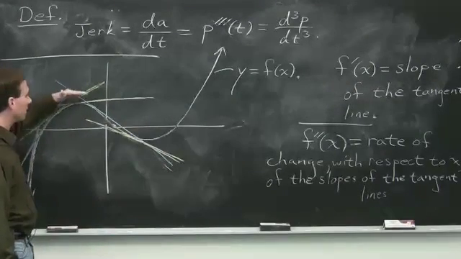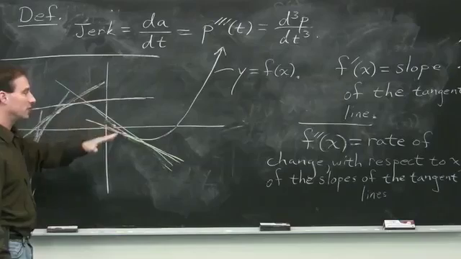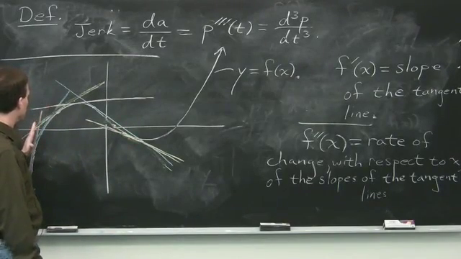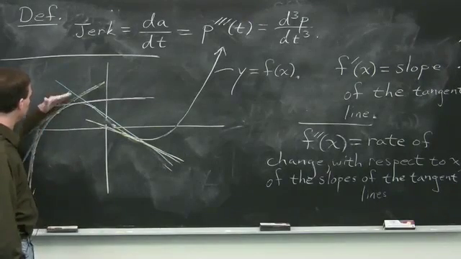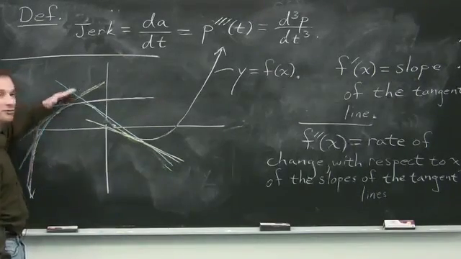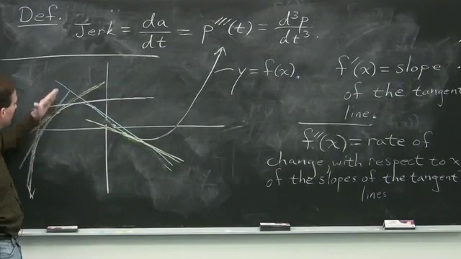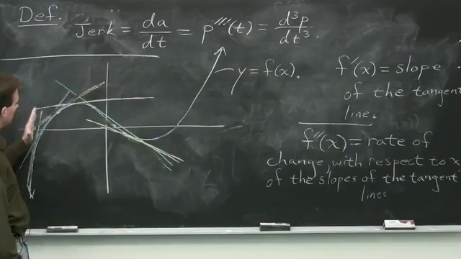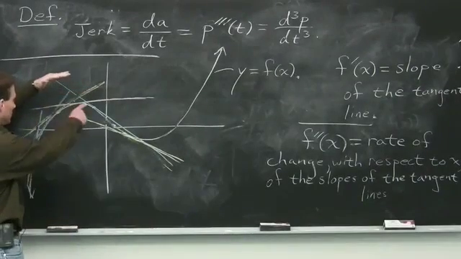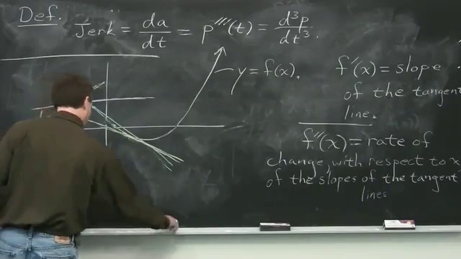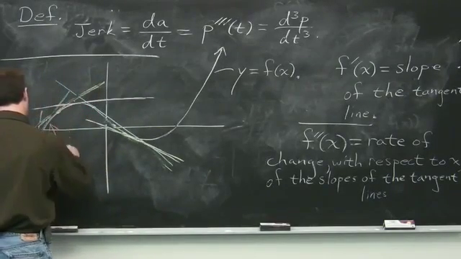The slopes of the tangent lines are decreasing, so the rate of change of the slopes of the tangent lines is negative. But what does that mean you're seeing? You're seeing this graph curve downward, exactly because the slopes of the tangent lines are doing this. So you're curving downward, and you see the graph curving downward. We call that concave down. We say the graph is concave down there.